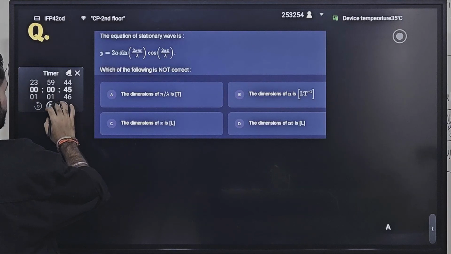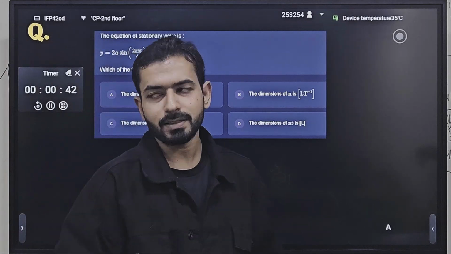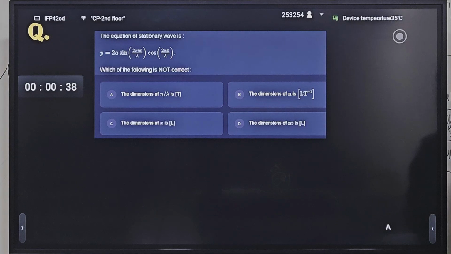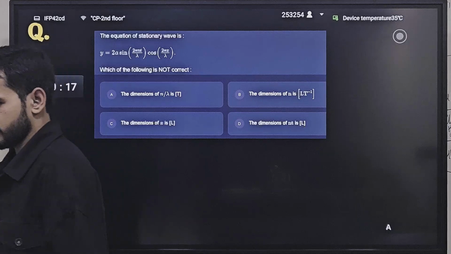This question. Application of dimension analysis. Solve it first. Ten seconds.